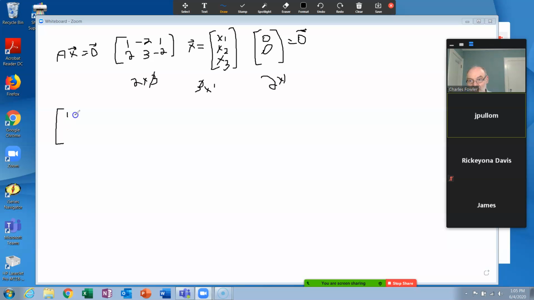Let's see, 1, negative 2, 1, 2, 3, negative 2, times this vector here, x sub 1, x sub 2, x sub 3.